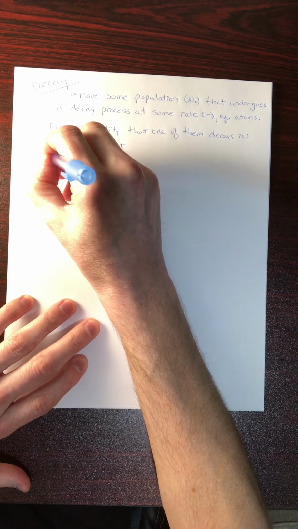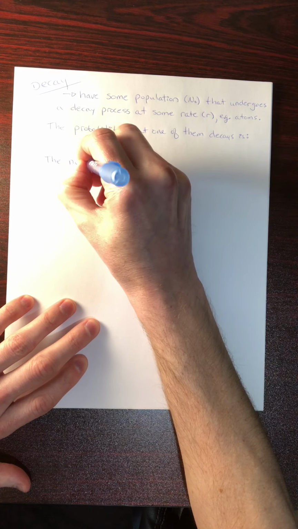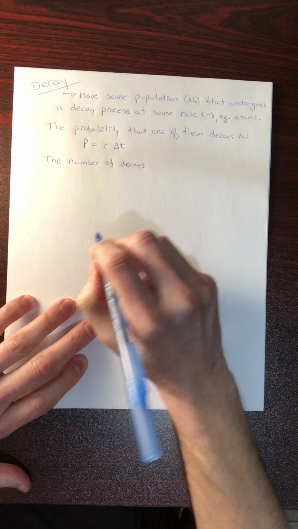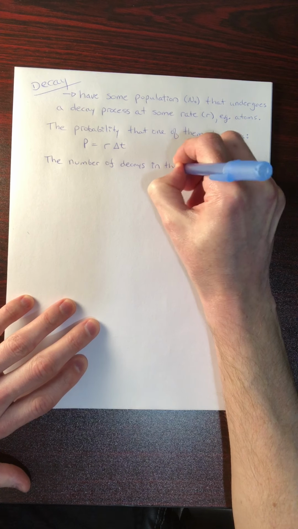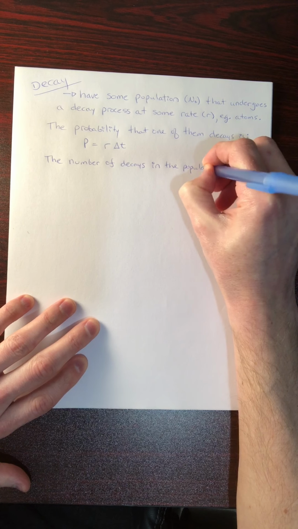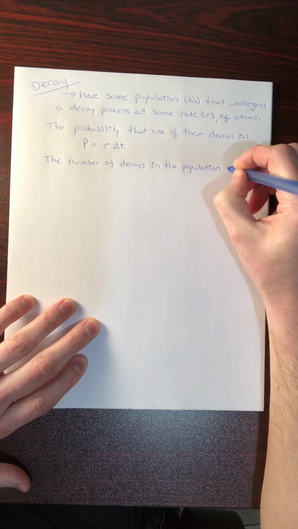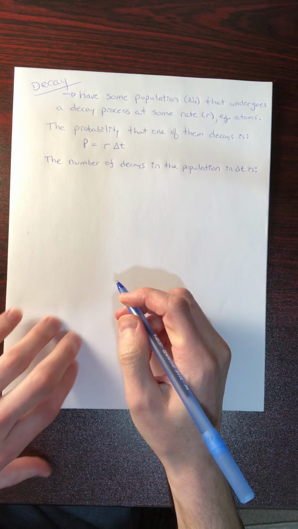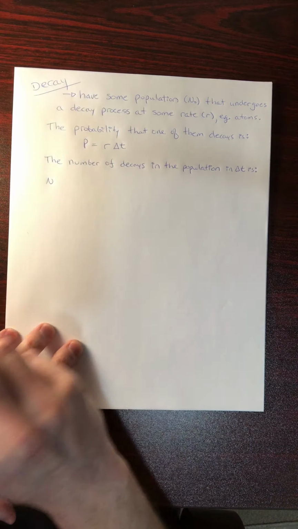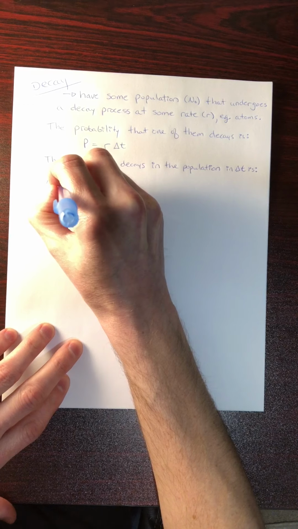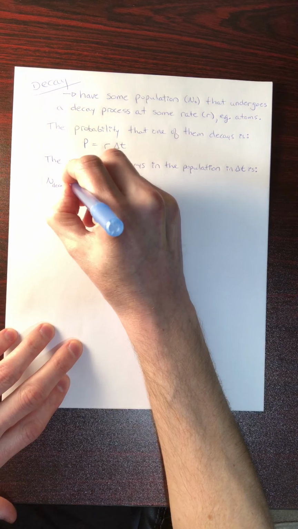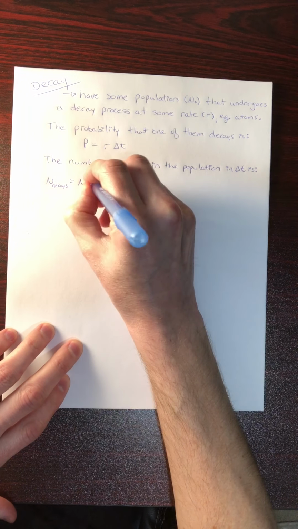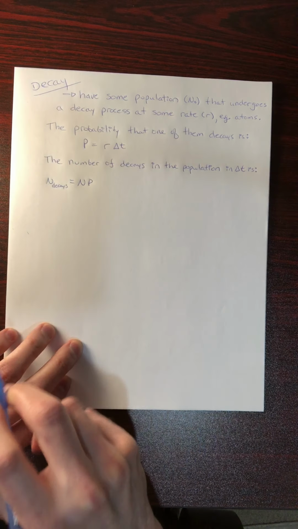So the number of decays in the whole population in some time interval, so we'll say delta T, is going to be the combination of N, how many we have in the population, times the probability that any one of those is going to decay at a given time.